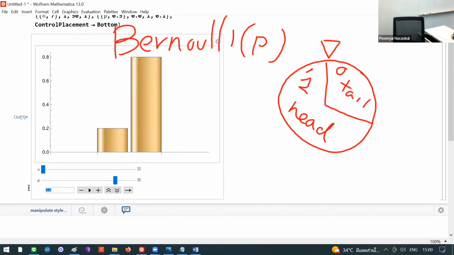If I paint 270 degrees of it and I call it head, what's the probability of head? It's 270 degrees divided by 360 degrees, that's 3 divided by 4, so 0.75. This angle here is 90, so tail is 90 divided by 360. So what's the probability of tail? 25%.